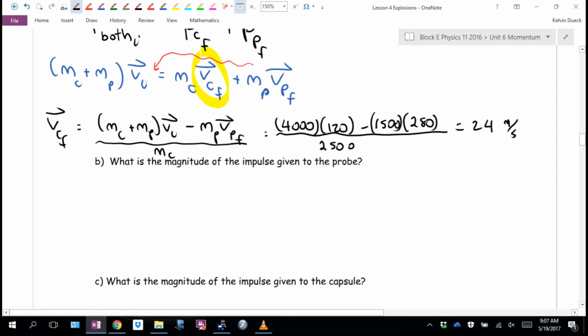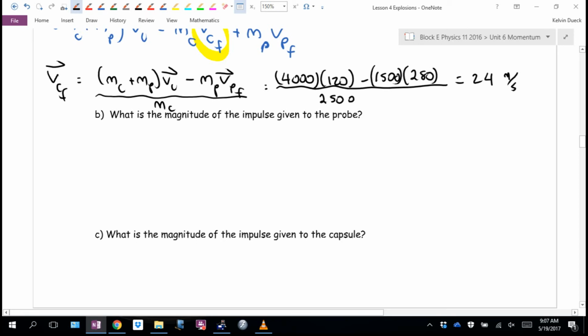What does B want me to find? Okay, so that's going to be the change in momentum, which is going to be M probe V final minus M probe V initial.